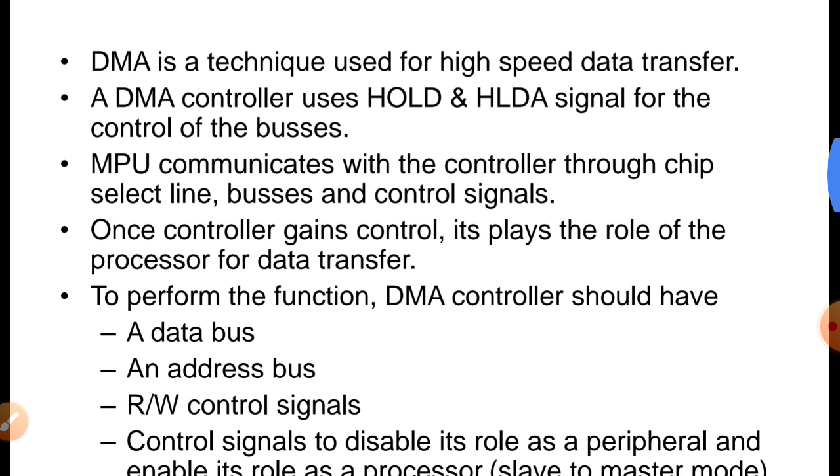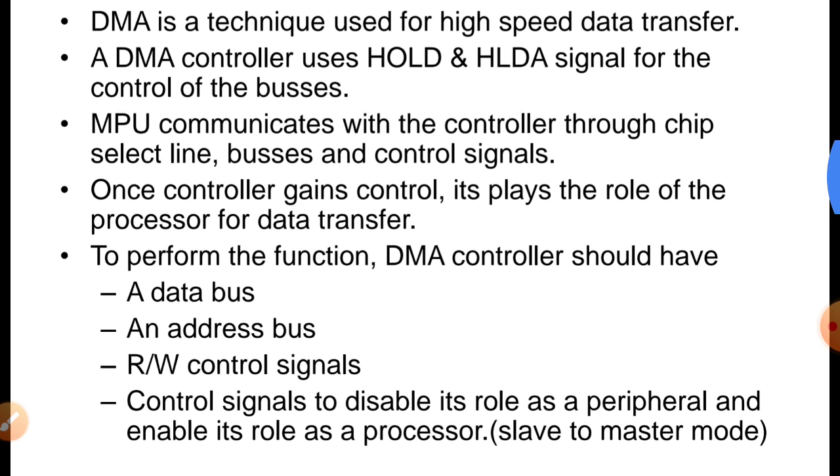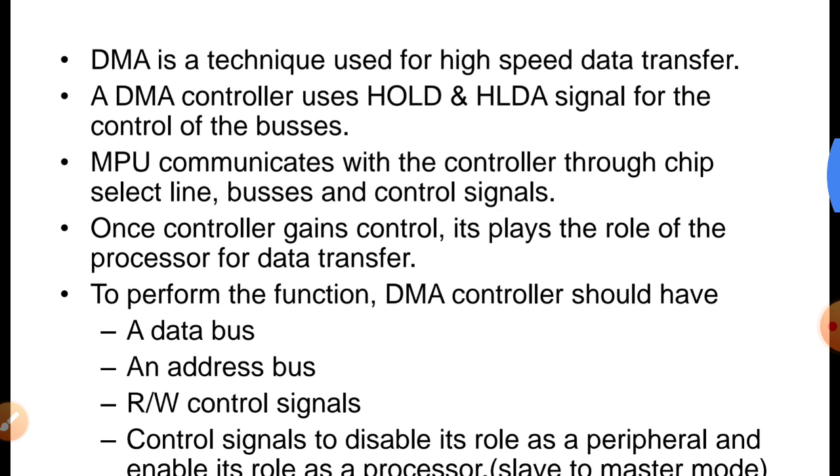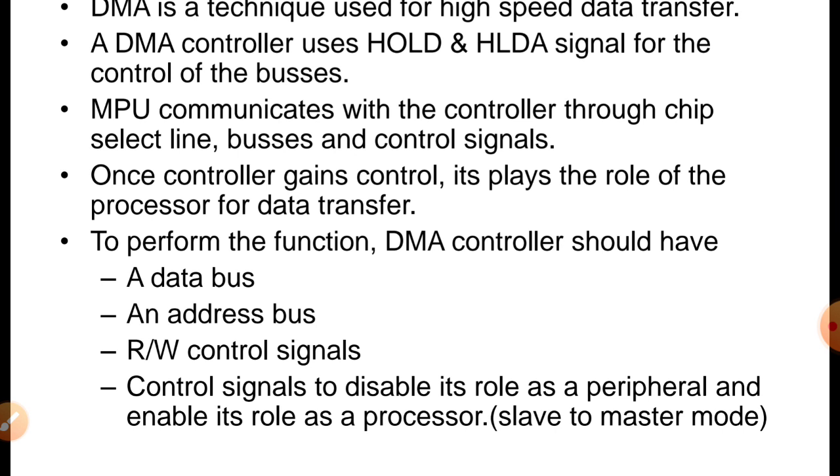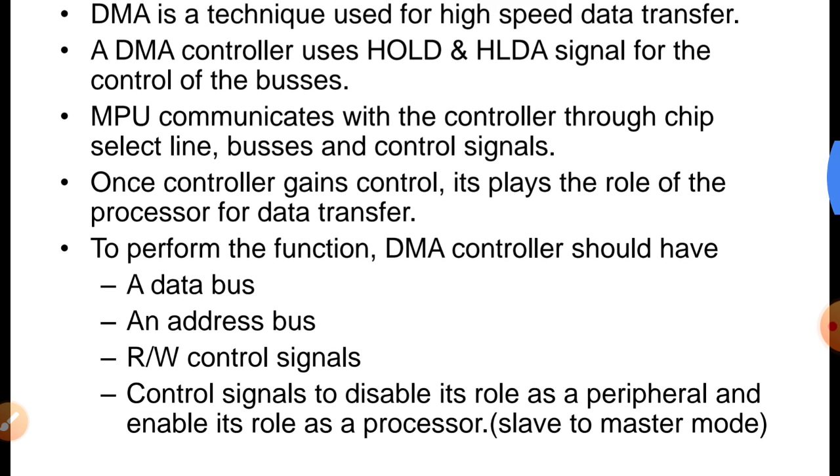So, as I told you, it uses two signals. The hold signal is an active high input signal of 8085, and after receiving the hold request, the microprocessor releases the buses to let the controller take control, and acknowledges by sending the hold acknowledge signal.